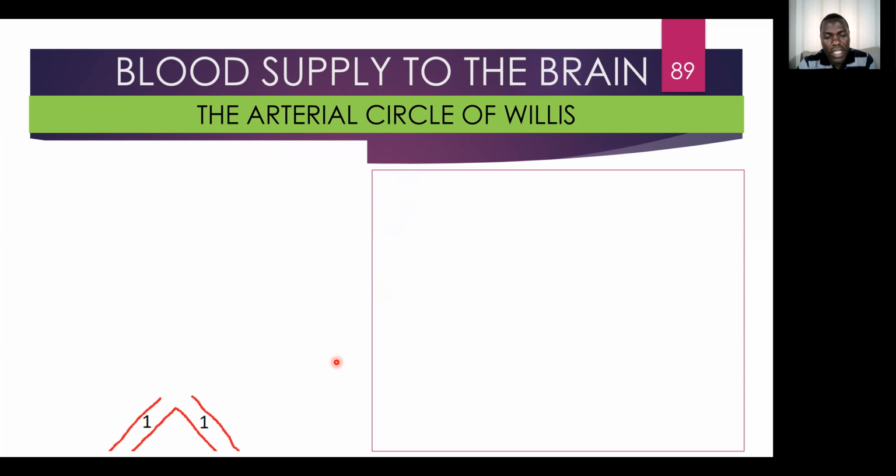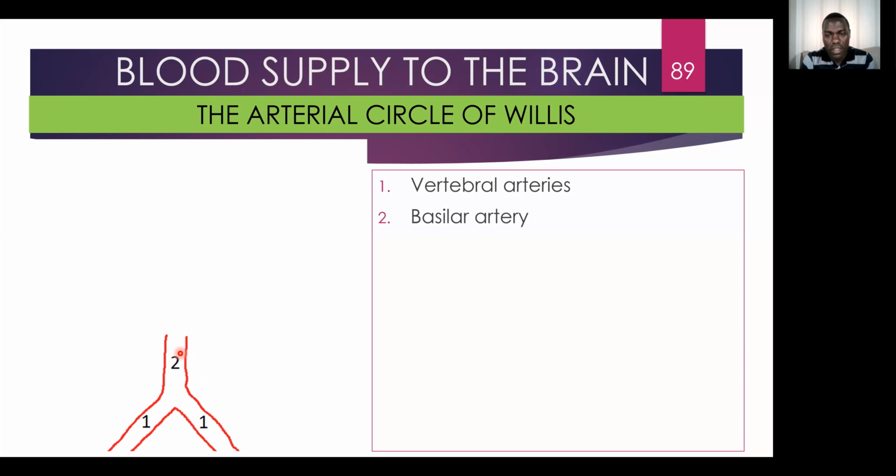So let's take these two arteries shown there to be the vertebral arteries, which come from the subclavian arteries. At the base of the brain, you see the vertebral arteries enter through the foramen magnum. Then at the brainstem, the two arteries unite to form one channel, which we call the basilar artery.